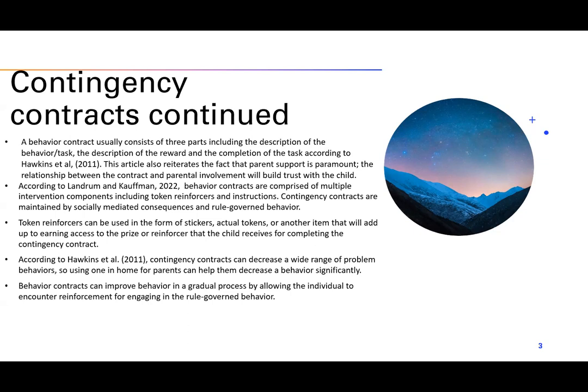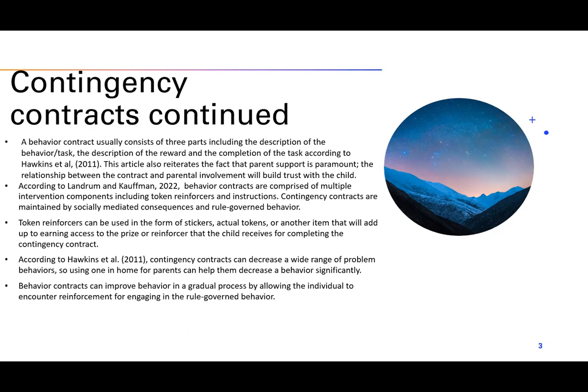And then according to Landrum and Kaufman, 2022, behavior contracts are comprised of multiple intervention components. So we have token reinforcers that serve as backup reinforcers. So as your child is going through and completing the behavior that you're trying to get them to engage in, they earn reinforcers throughout the week and build up to that big reinforcer.